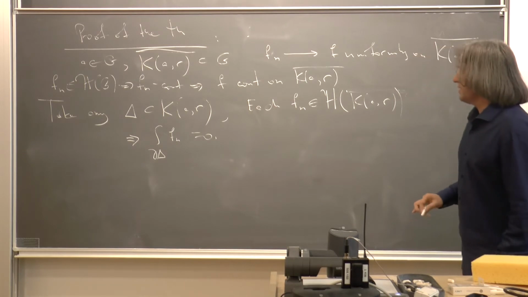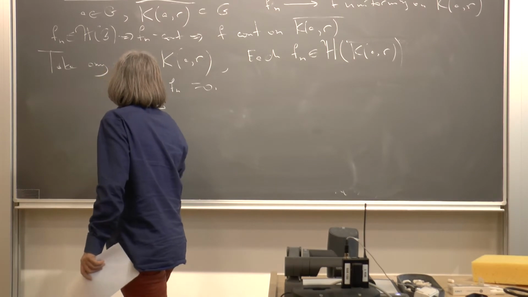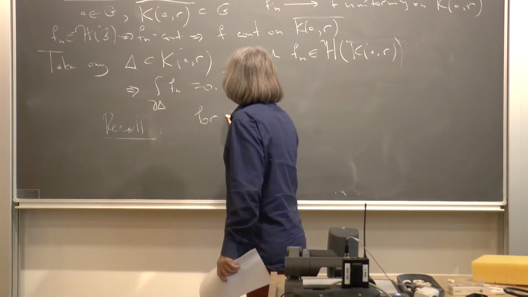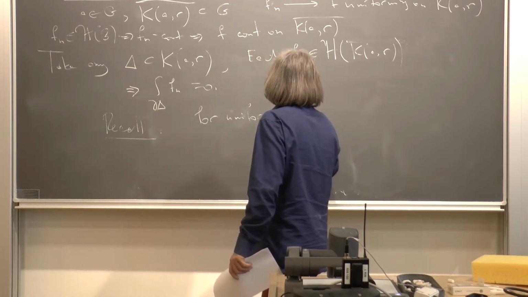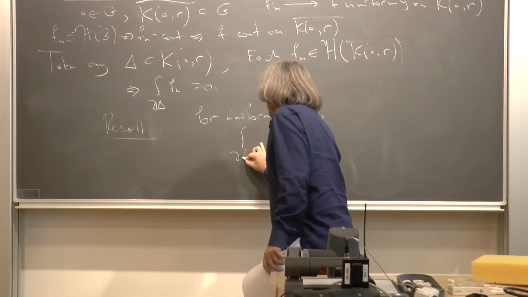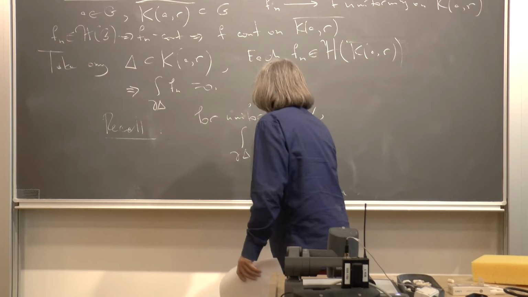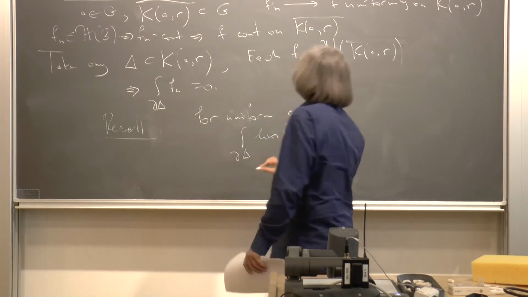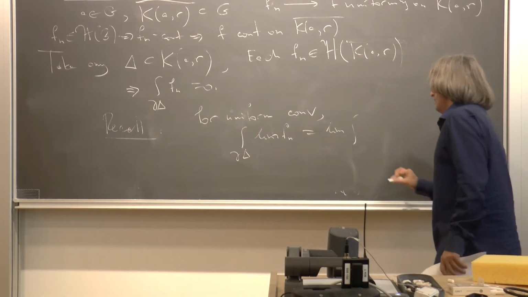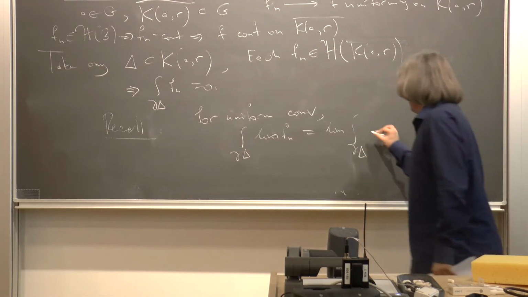On the other hand, we remember that for uniform convergence, the integral over any closed curve, in particular over this boundary, of the limit of Fn, which is f, is the limit of the integral over the same curve, given by the boundary of the triangle, of Fn.